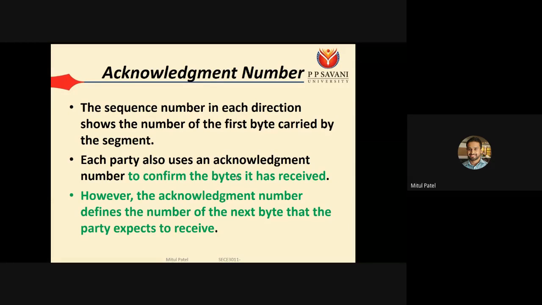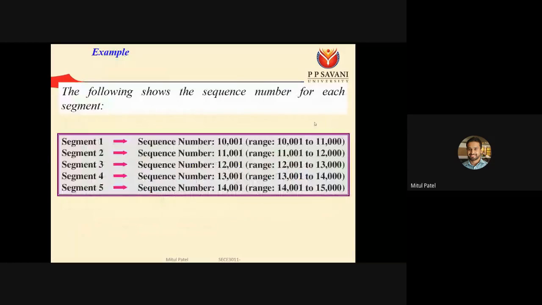Okay, so we know that whenever we send some data or some segment, we record the acknowledgement of that segment. Suppose here the segment sequence number is 10,001. We have sent one segment with sequence number 10,001, so we need its acknowledgement.